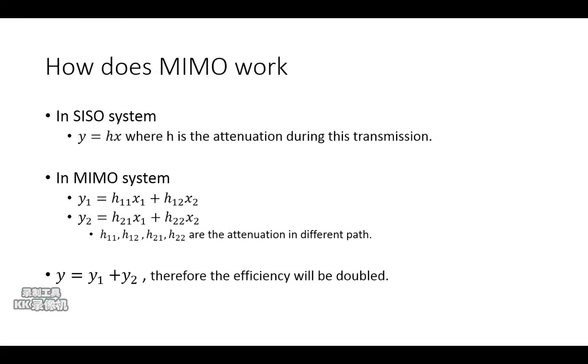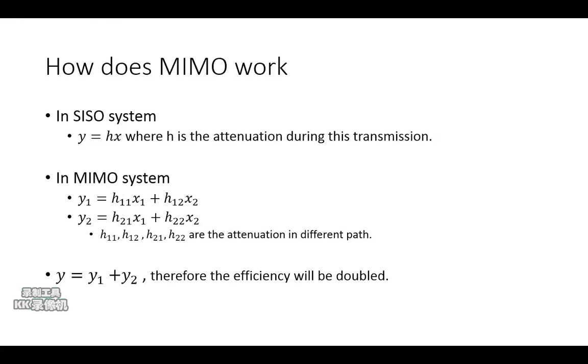In a SISO system, there is only one transmitter and one receiver. So when we send message X, Y will get message X as the receiver, and Y equals HX, where H is the attenuation during this transmission.